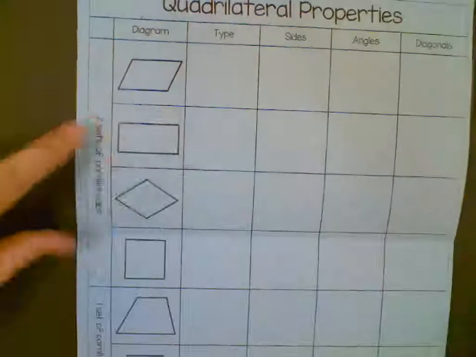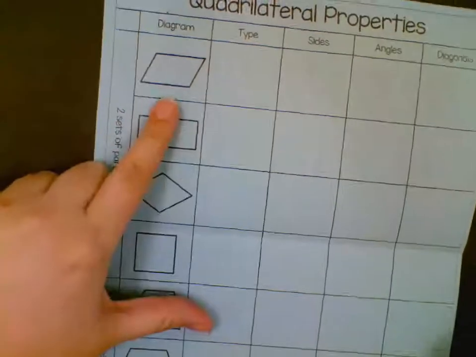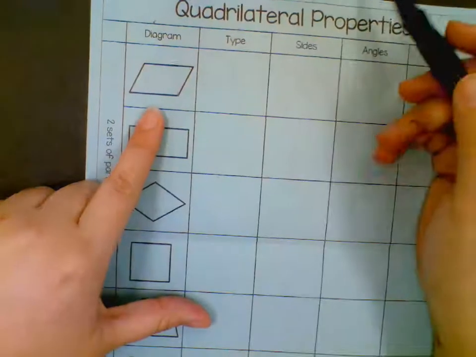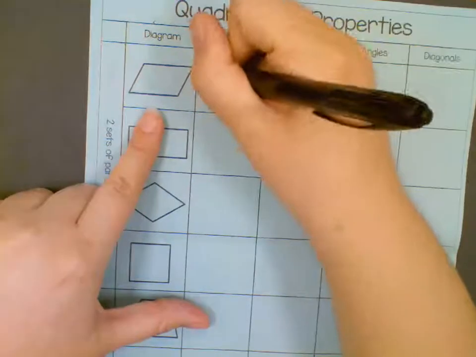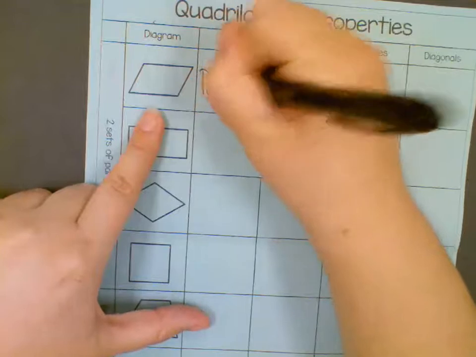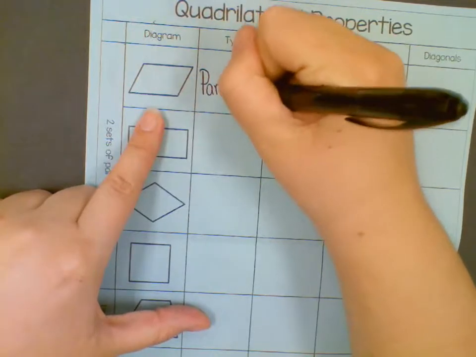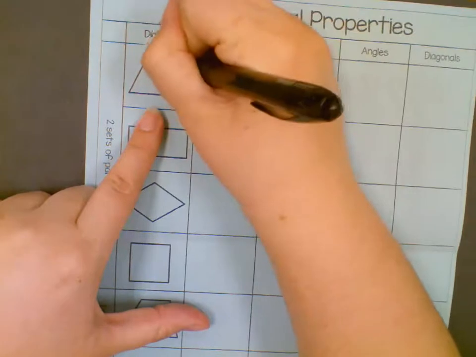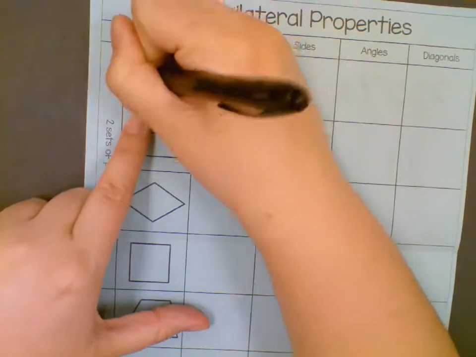So this first one, we have two sets of parallel sides. So what is the most specific name we can call this one? Good, this is our parallelogram. Okay, and the definition of parallelogram is that it has two sets of parallel sides.